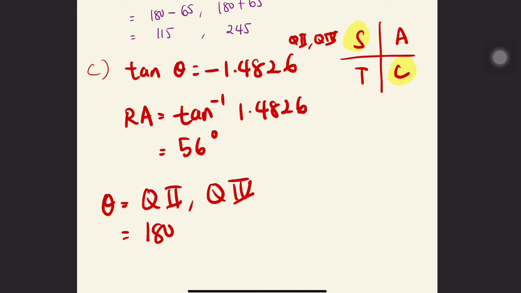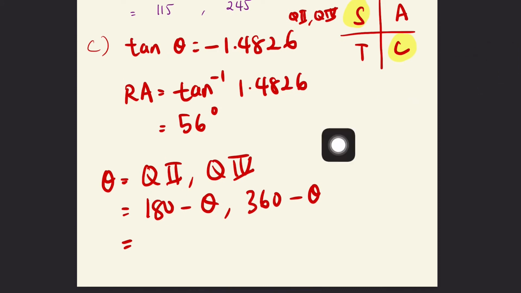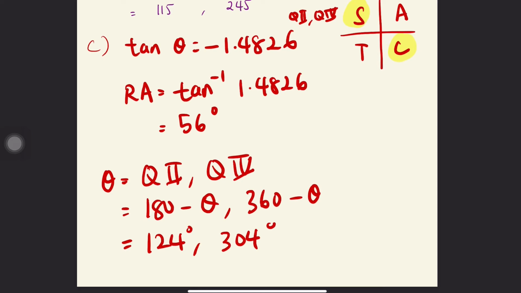Q2 is 180 minus theta. Next, fourth quadrant is 360 minus theta. So 180 minus 56 is 124. And finally, 360 minus 56 is 304. Okay, that is your answer.